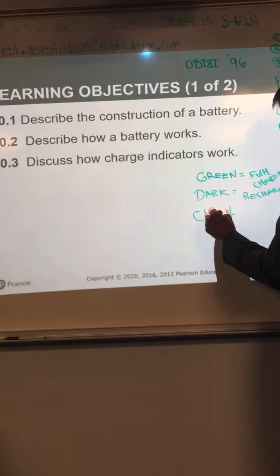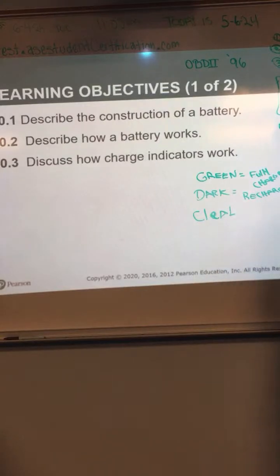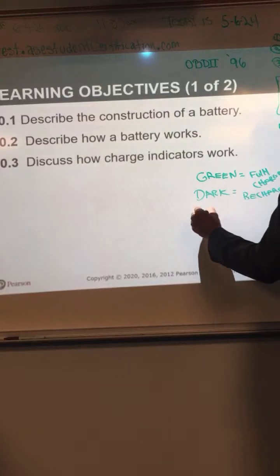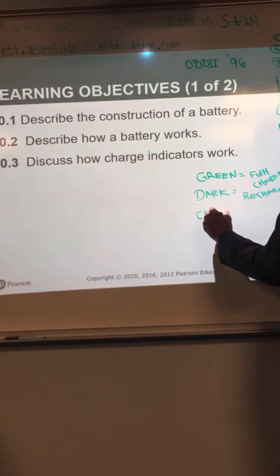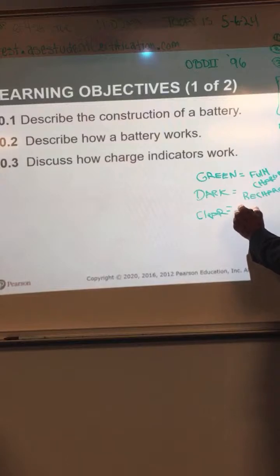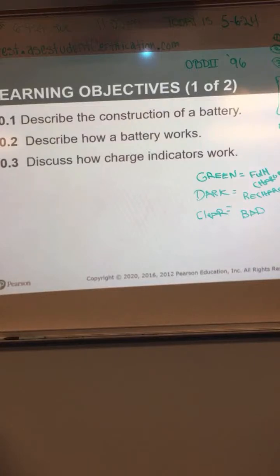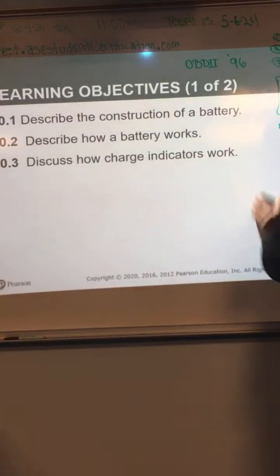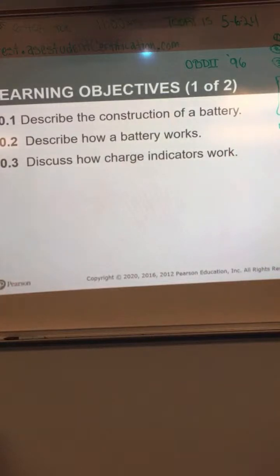I messed that up pretty good, didn't I? Okay, let's try this again. If it was a clear eye, it meant the battery was bad, meaning it had insufficient electrolyte, and you just replace the battery. Okay? However, this information is not going to do you any good because batteries don't have charge indicators anymore.